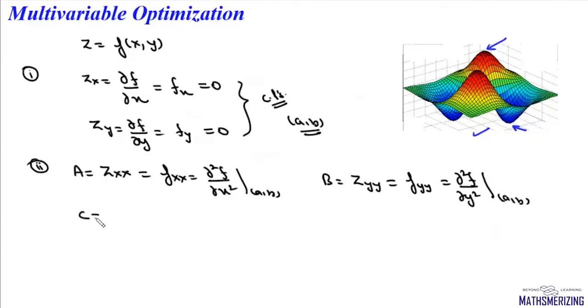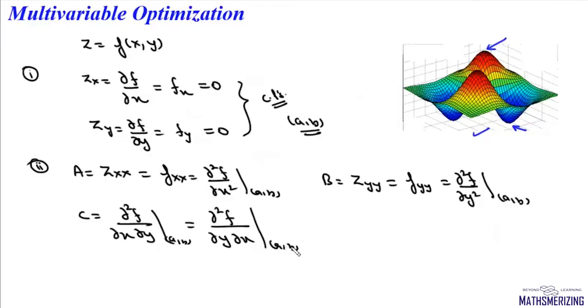And we'll find C, which is the cross derivative of this function. We'll write it as del square f del x del y at (a, b), and since we are talking about points where this function is differentiable, it'll be equal to del square f del y del x at this point (a, b).